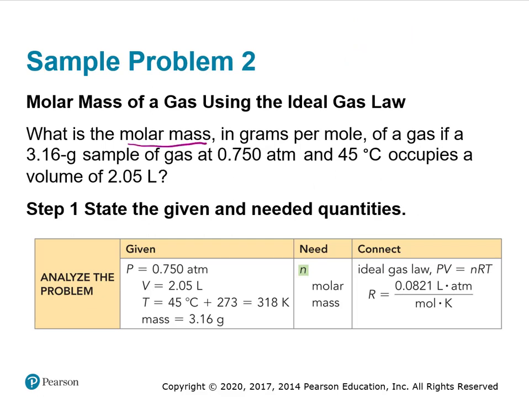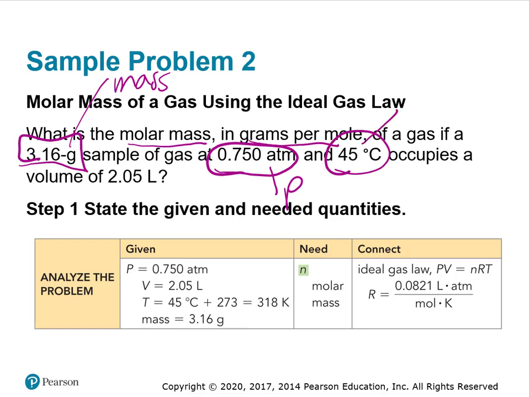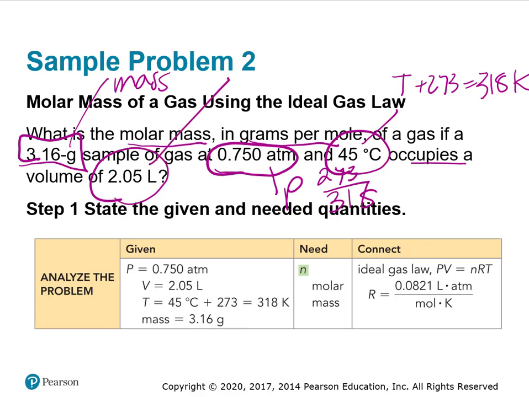What is the molar mass in grams per mole of a gas if a 3.16 gram sample, so this is my mass, at 0.750 atm, that's a pressure, 45 degrees Celsius, that's a temperature, so let's add 273 to get to Kelvin. That would be 318 Kelvin. And it occupies a volume of 2.05 liters. That is our volume.